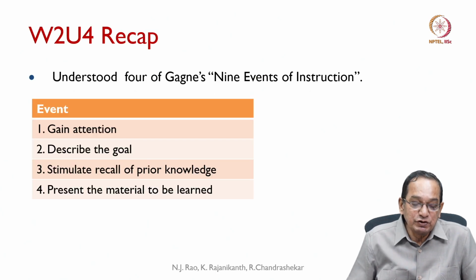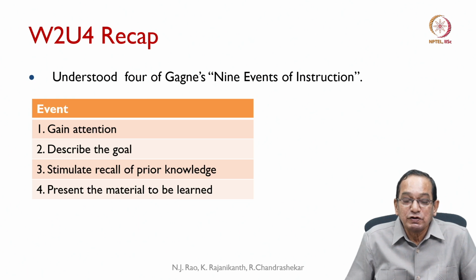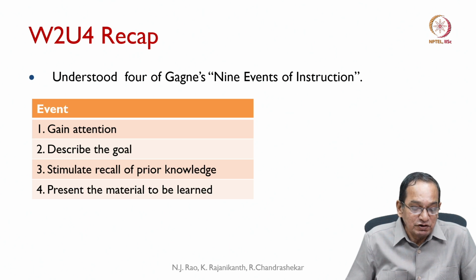In the previous unit, we understood 4 of Gagne's 9 events of instruction. These 4 events were gain attention, describe the goal, stimulate recall of prior knowledge, present the material to be learned.